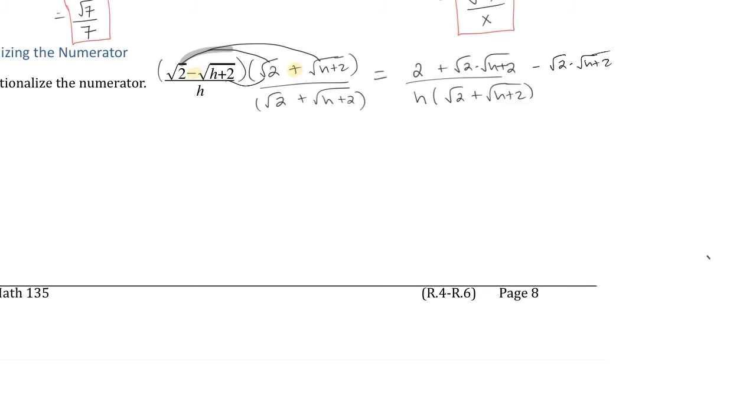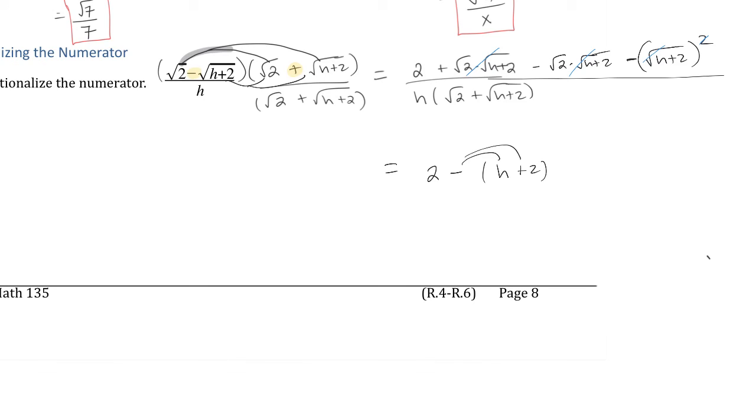And those are just going to add up to 0. And then finally we have negative times positive, so minus square root of h plus 2 times square root of h plus 2, which would be that whole quantity squared. So we would end up getting 2 minus, squaring the square root just undoes it, so we would have minus the whole h plus 2.